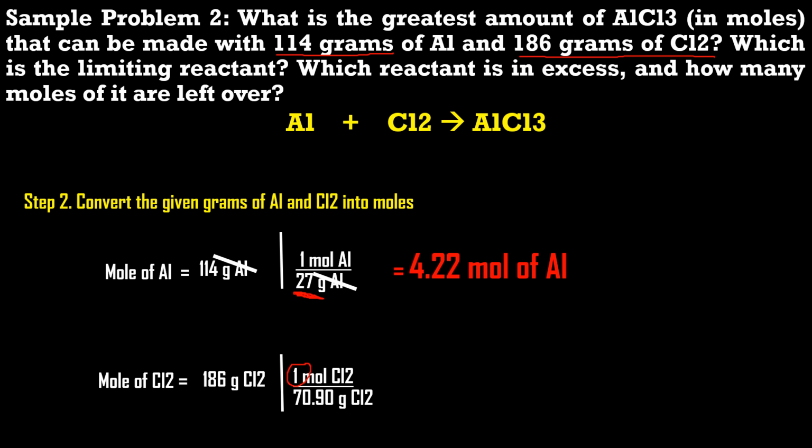Take note that chlorine has an atomic mass of 35.45 grams, and since we have 2 atoms of chlorine, we multiply 35.45 by 2 to get 70.90 grams. We cancel out the same unit to bring out moles of Cl2. So we have 186 multiplied by 1 mole of Cl2 divided by 70.90. The moles of Cl2 is 2.62.